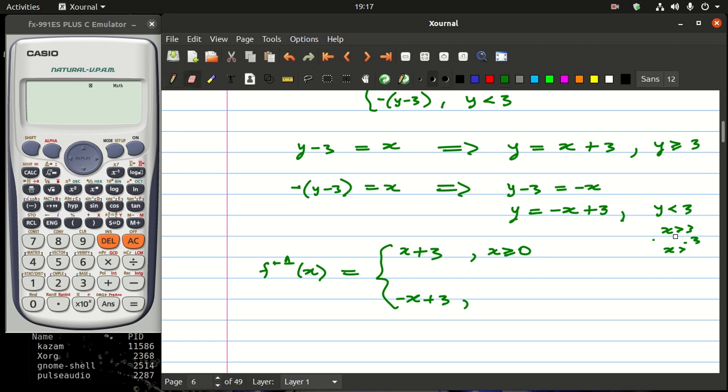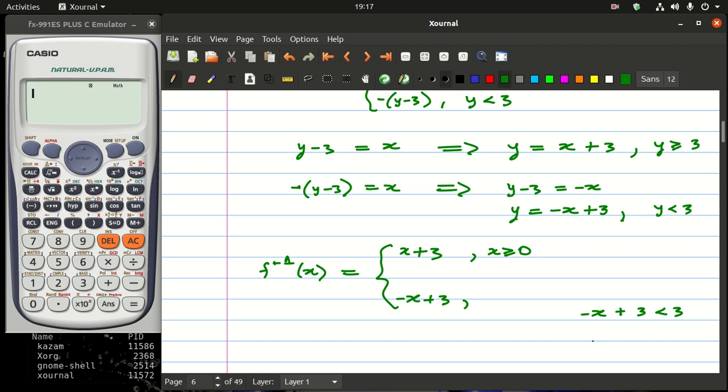What am I doing here? We want our y to be less than 3, right? So we want minus x plus 3 to be less than 3.